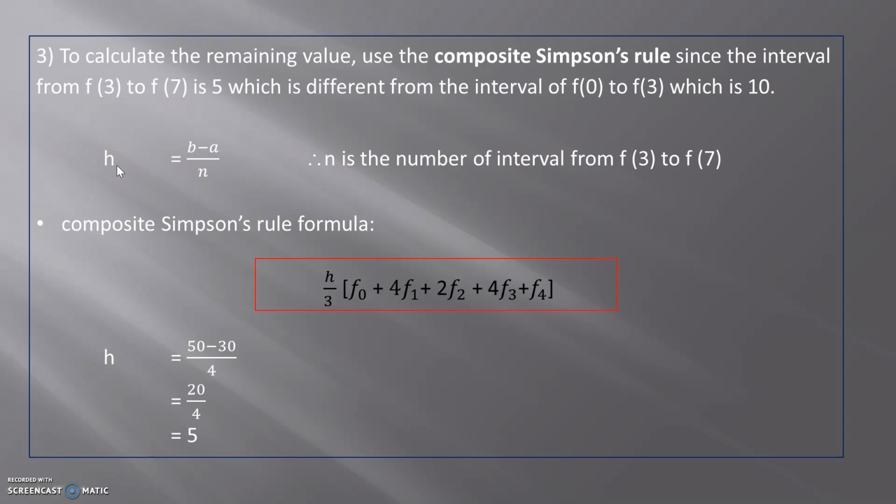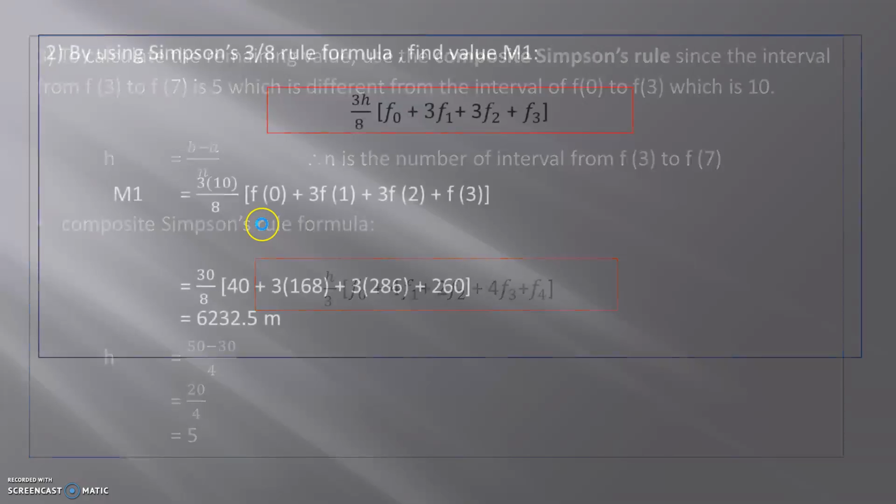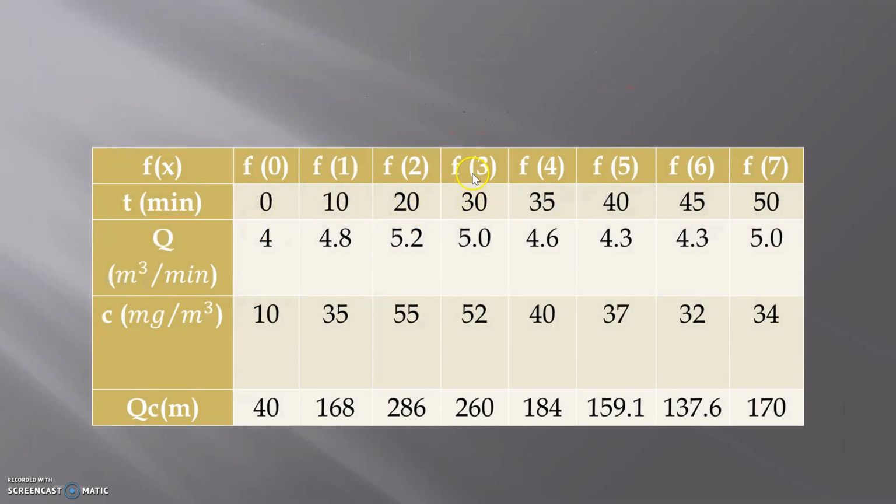So the first step, we need to find the value of H. We're given the formula of H equals to B minus A over N, where the N is the number of interval from function of 3 to function of 7. From 3 to 7 are having the number of N by 1, 2, 3 and 4.